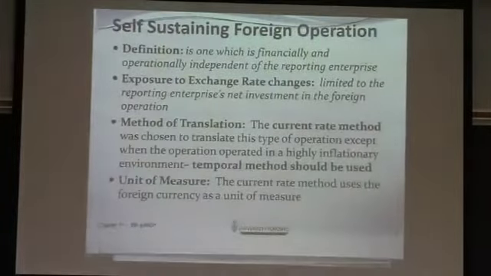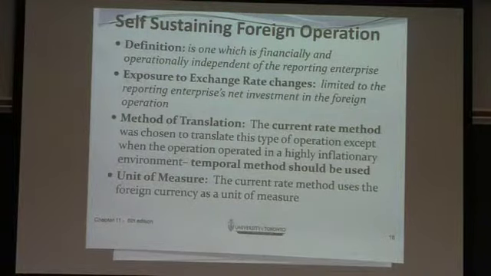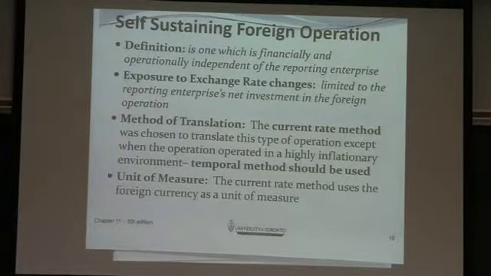So first of all, when you have a self-sustaining operation, the definition of that is that the subsidiary is financially and operationally independent of the reporting enterprise. So this is when the subsidiary essentially is running its own operation without any involvement of the parent.